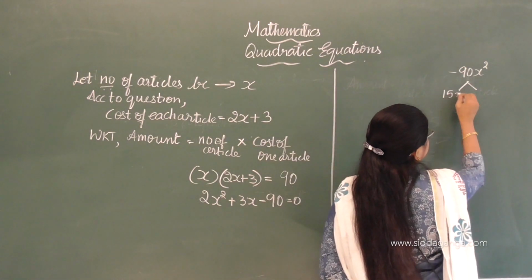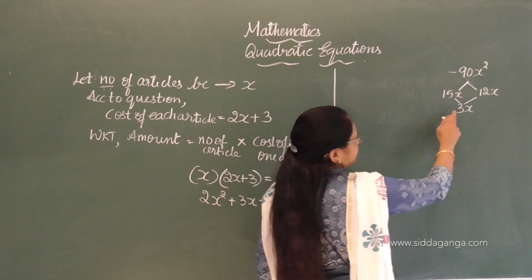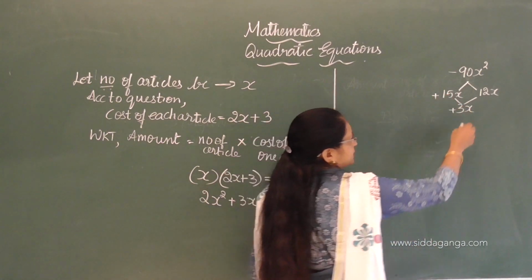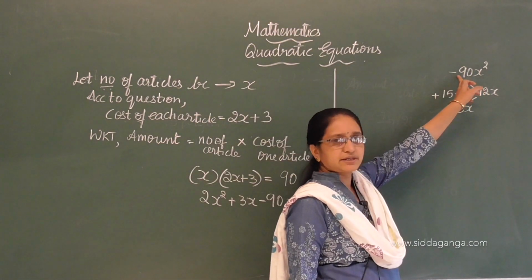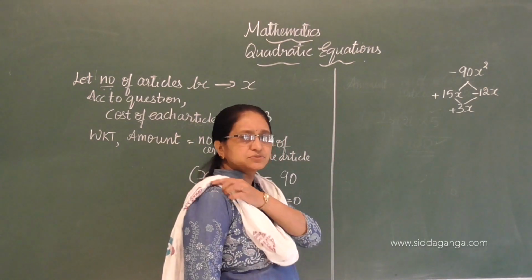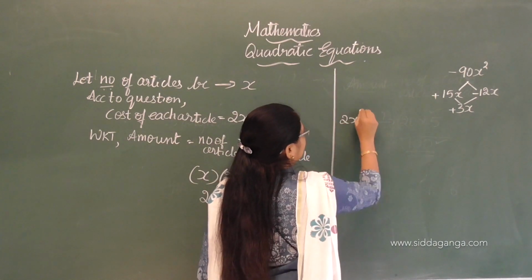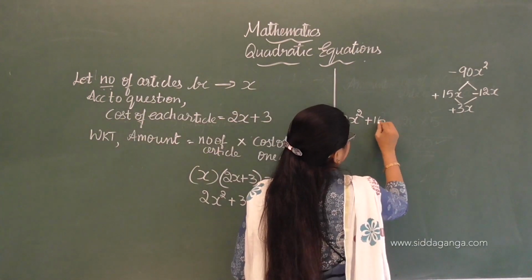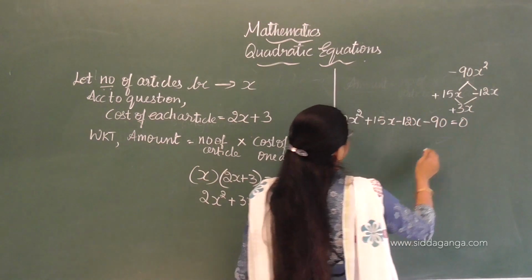So 15x and 12x will give you 3x, but I need a plus, so the greater number sign is plus, and 12 minus. Plus into minus is minus 90, and plus 15x minus 12x gives you plus 3x. So 2x square plus 15x minus 12x minus 90 is equal to 0.